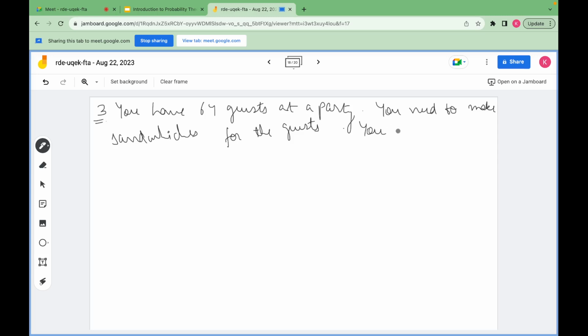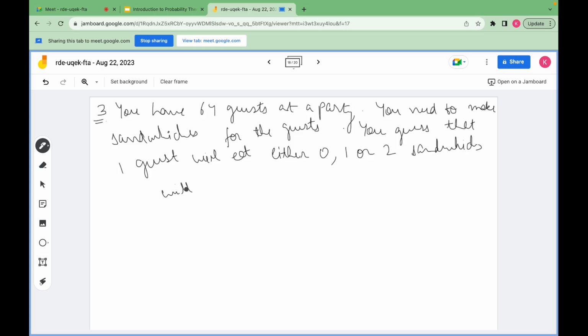You guess that one guest will eat either 0, 1 or 2 sandwiches, with probabilities 1 by 4, 1 by 2, 1 by 4.